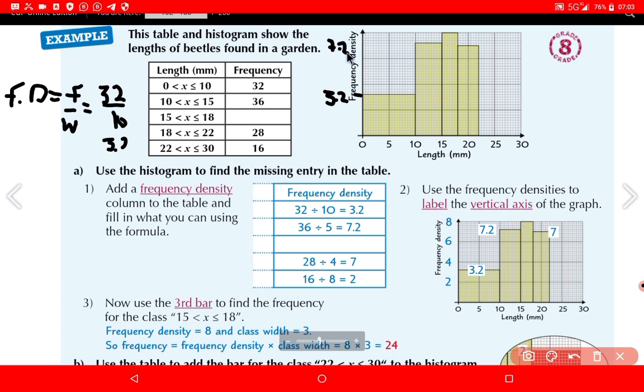So the length for this one now, if this is 7.2, when you add all the smaller boxes, that will be 7.2, 0.3, 0.4, 0.5, 0.6, 0.7. So you find that the last figure here will basically be 8. So 1, 2, 3, 4, 5, 6, 7, 8, 9, 10.